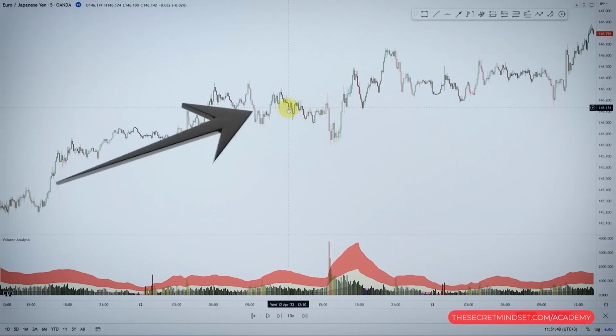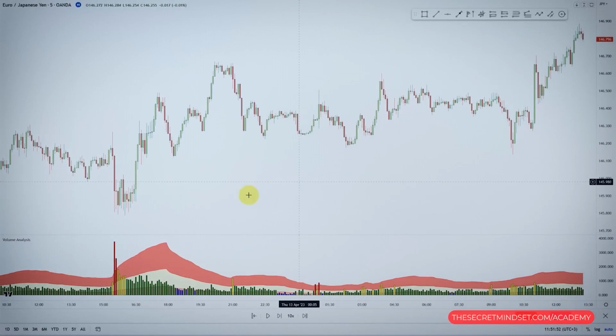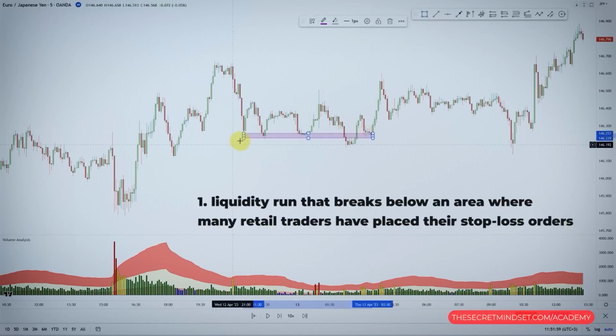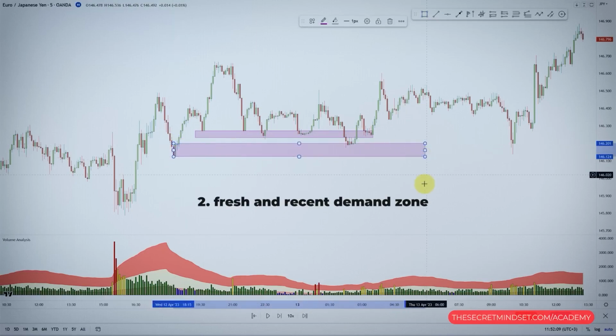Here, the market is in a general uptrend, so the plan is to trade a long position at the demand area only after we spot a liquidity clearout. We see this liquidity run that breaks below this area where many retail traders have placed their stop-loss orders. We found a fresh and recent demand zone right here.